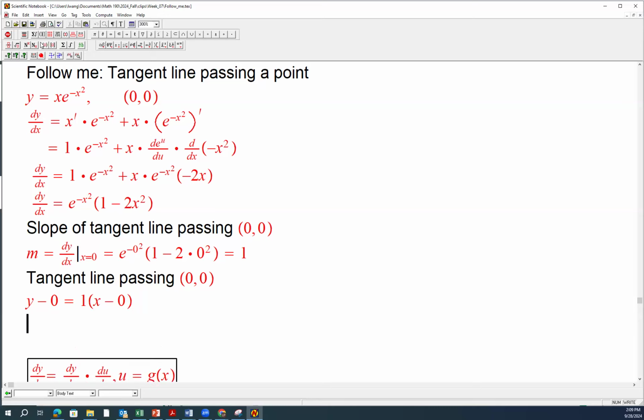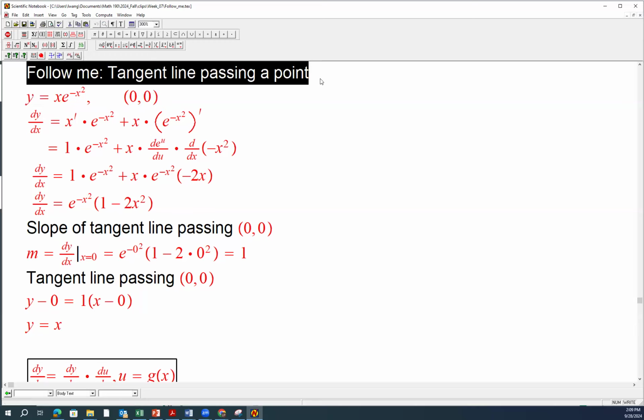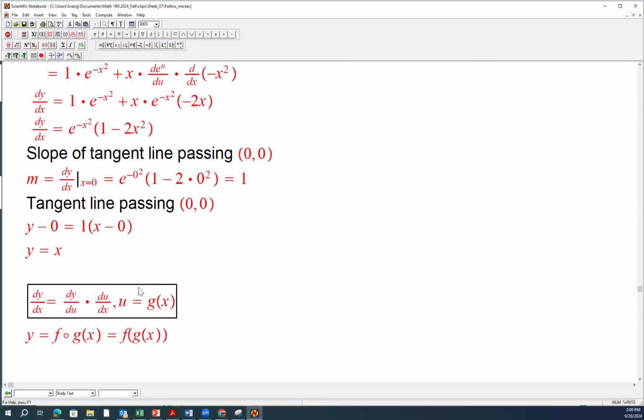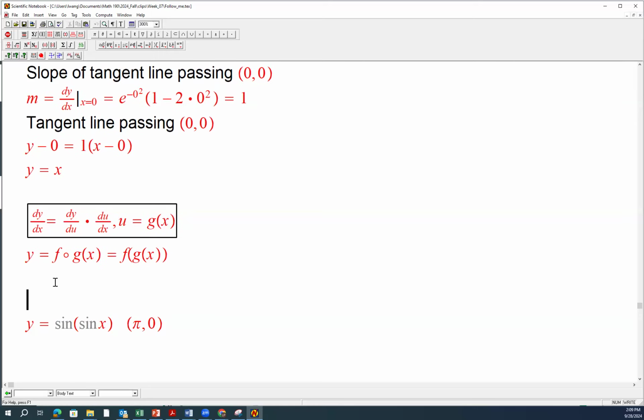So in the end, we got y equals x. Done. Finished. Okay, so that's the second question to find the tangent line passing a specified point. Let's do the last question for this clip.